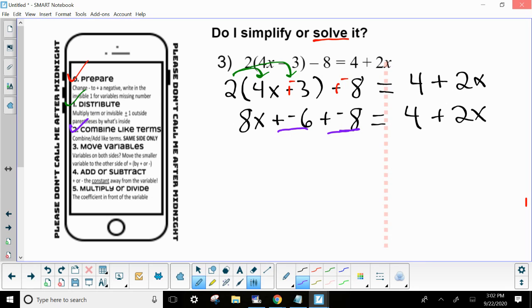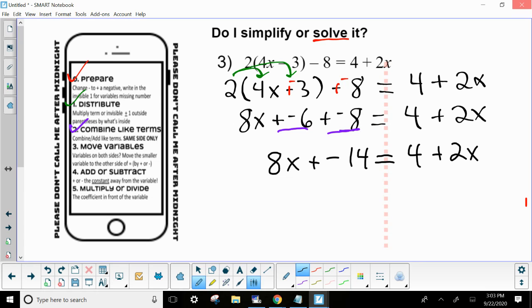So we have 8x, and then plus negative 6 plus negative 8, which is going to give us a plus negative 14, which is equal to 4 plus 2x. Looking on the other side of the equation, I cannot combine any like terms. 4 plus 2x aren't like terms.